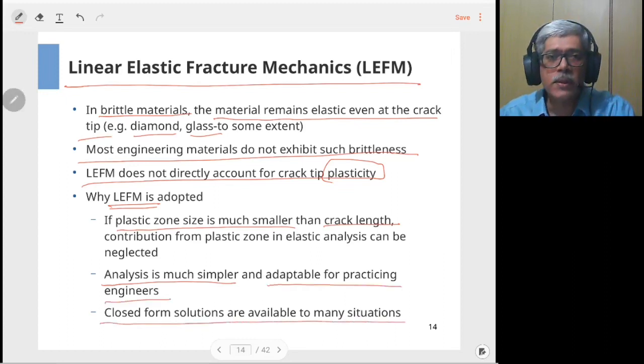Many closed form solutions are available, which makes this approach very attractive for day-to-day calculations. To get a first feel of the situation, LEFM calculations provide a very good prediction of whether more rigorous calculations would be required or not. So that is why we are learning the LEFM approach.